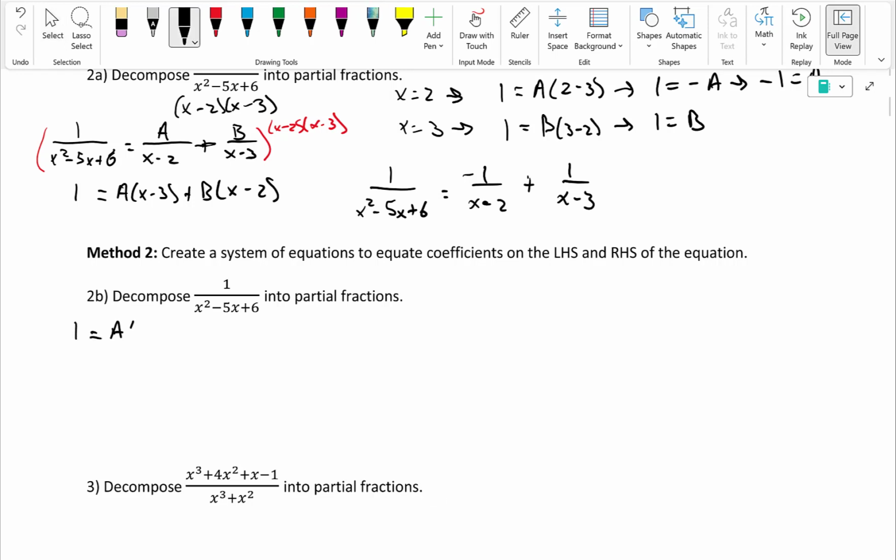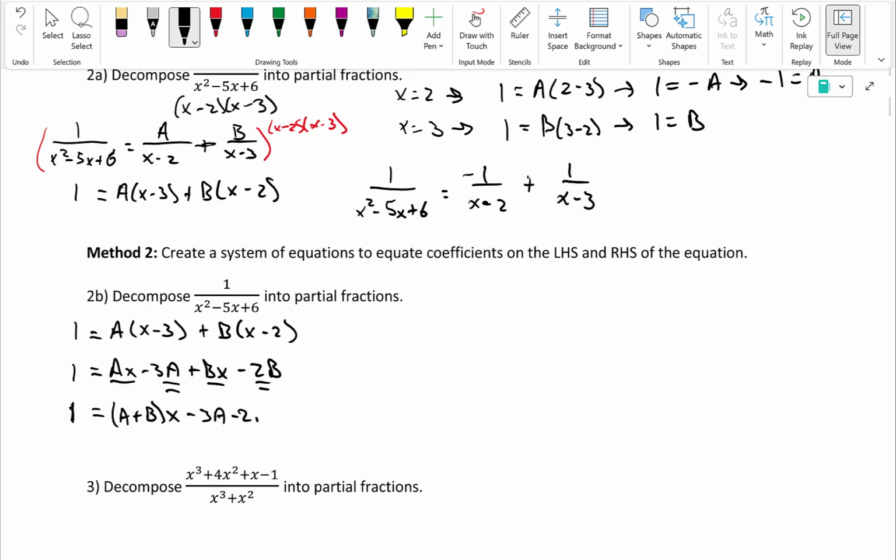1 equals A times the quantity x minus 3 plus B times the quantity x minus 2. And so we can simplify or rearrange the right side with an Ax minus 3A plus Bx minus 2B. And then further, putting all the like terms together, right? We can write the x terms as an A plus B times x, and then our constants minus 3A minus 2B.